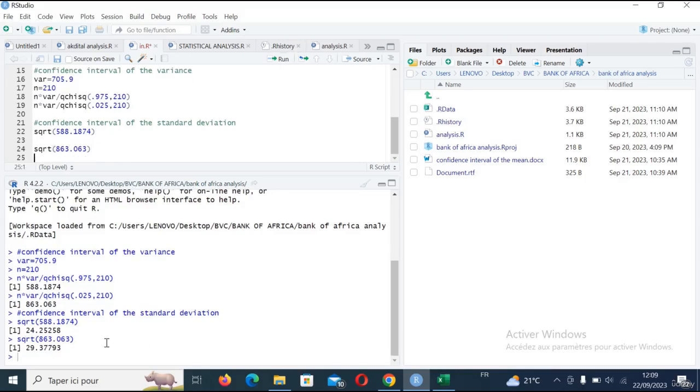And the extreme superior value is 29.37. I'm gonna explain it also with pen and paper to understand the process and memorize it very well. It's easy to apply, but to understand, I think it's really important to understand the math of it.